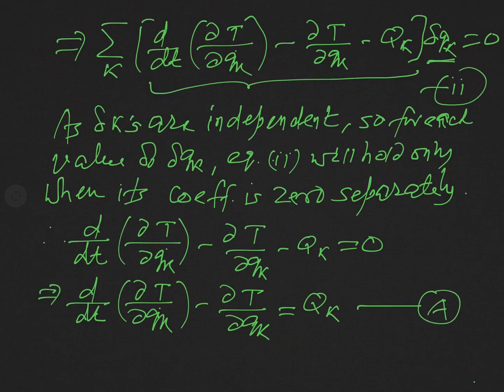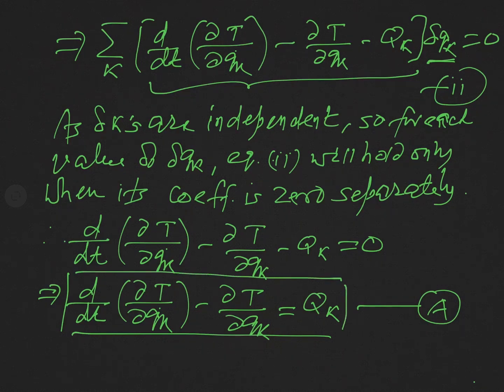Say this is equation A. Actually, this is the general form of Lagrange equation for a holonomic system.